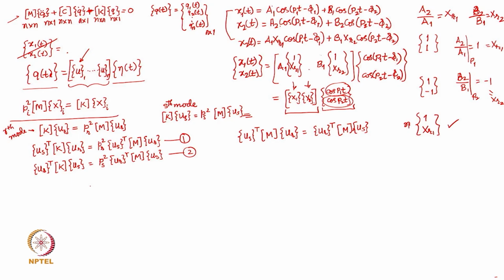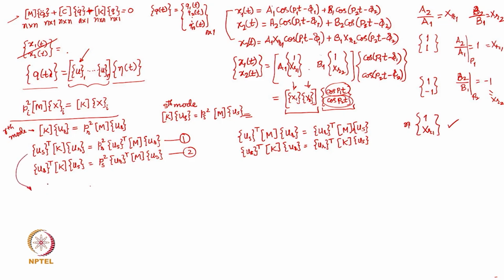It is quite straightforward to show that this is true for mass and stiffness matrices. So, they being symmetric, ur transpose or us transpose, similarly for the K matrix will also be the same way. So, you have us transpose K ur is equal to ur transpose K into us. Okay.